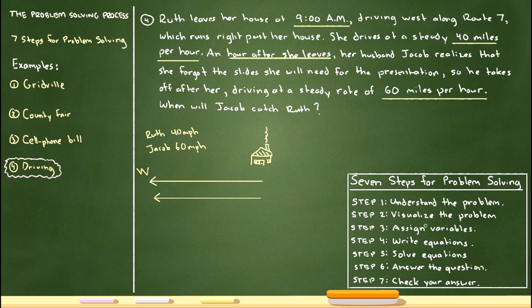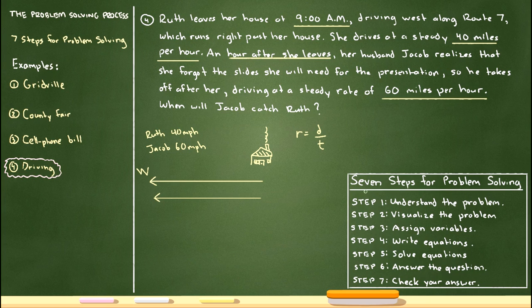Step 3 is we want to start assigning some variables. Now think about what we're working with here. We have these rates here, and we have some distances and times. So whenever we're dealing with rates, you always want to be thinking, rate is equal to distance over time. Okay, we have this equation here.